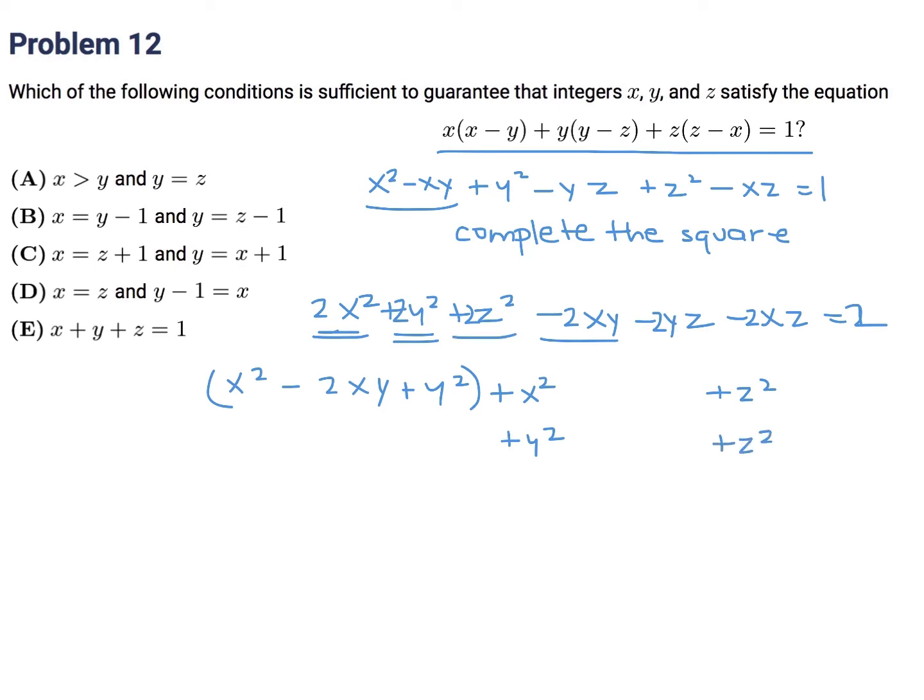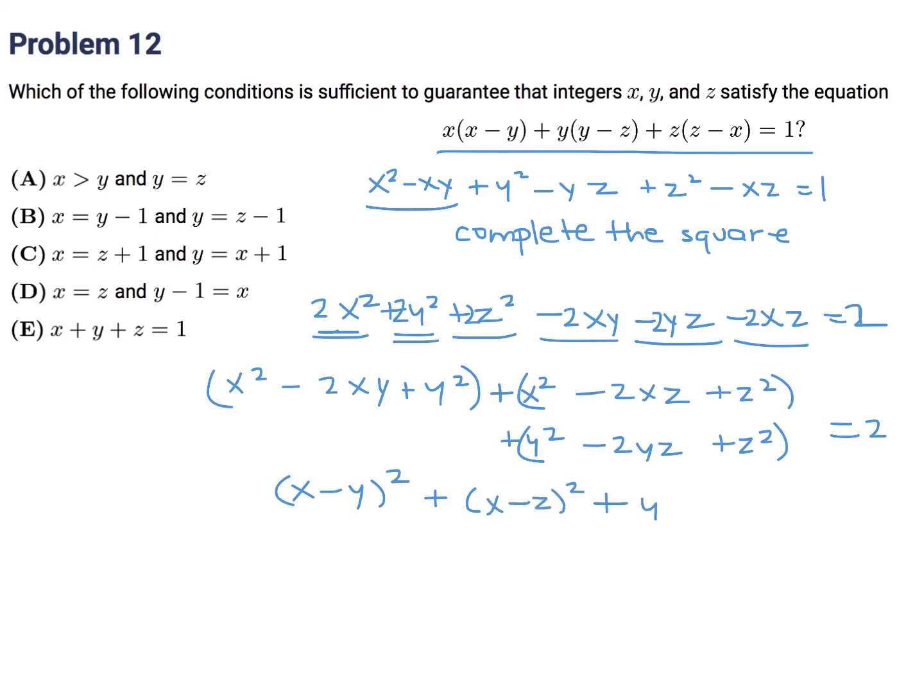That takes care of that. And then the minus 2yz I'll put here, and the minus 2xz I will put here. And then, of course, that all equals 2. And I think these work out to be perfect squares like this: x minus y squared, x minus z squared, and y minus z squared. Okay, so that works.